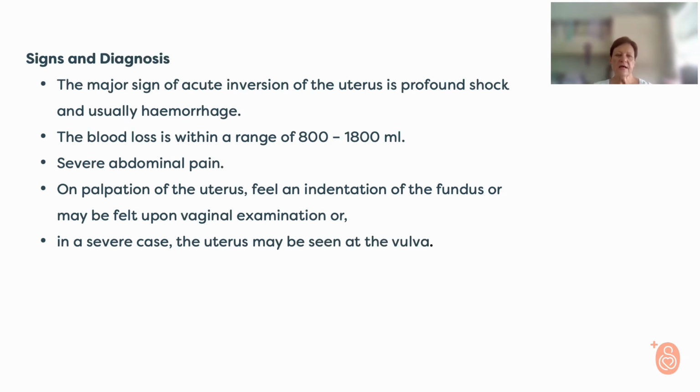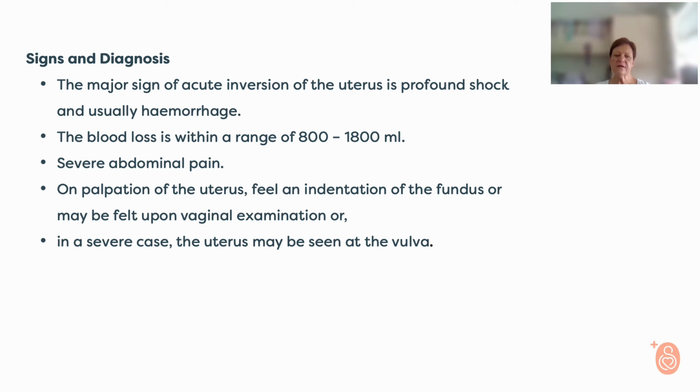The signs and diagnosis: the major sign is acute, profound shock and usually hemorrhage, because as I've said, the uterus can't contract. The blood loss is a lot, within 800 to 1,800 milliliters, and it depends on how quickly the situation can be corrected. There's severe abdominal pain with this uterus being inverted, and I think that's understandable.